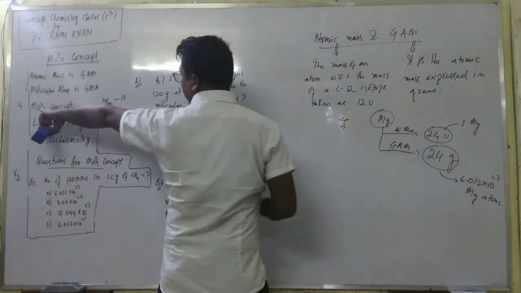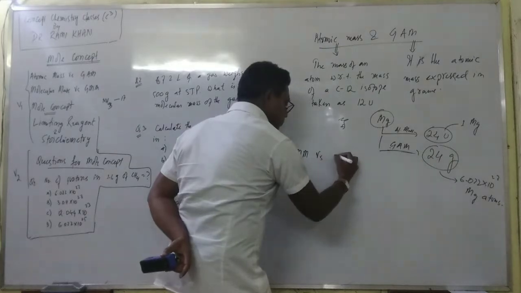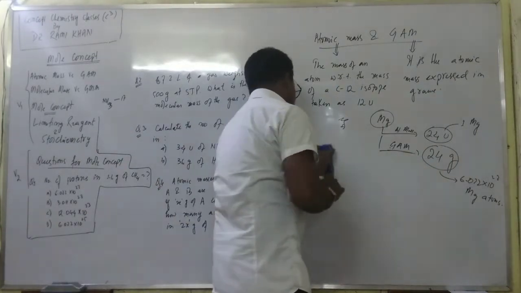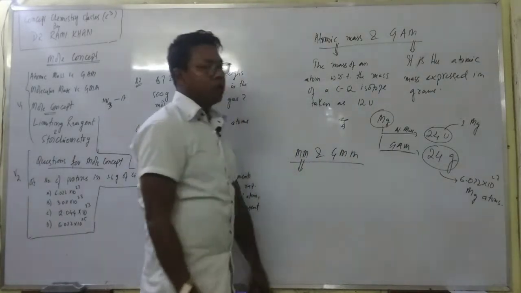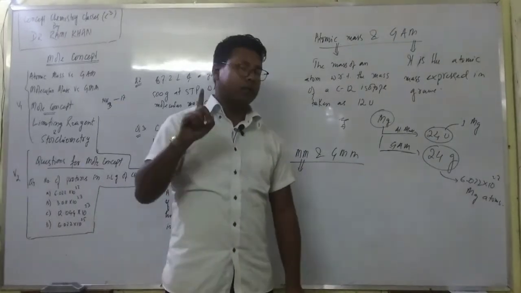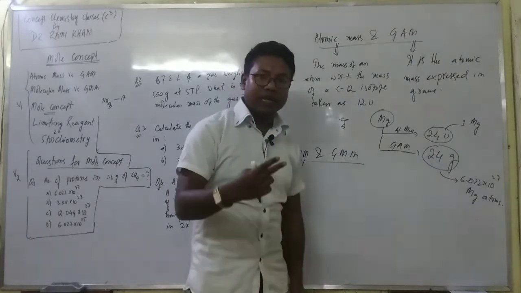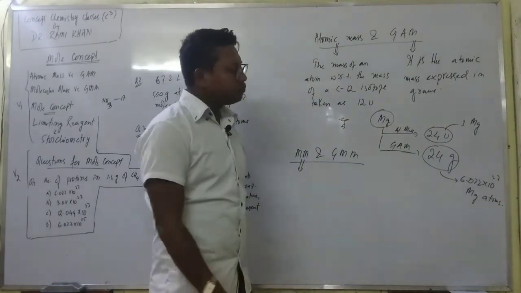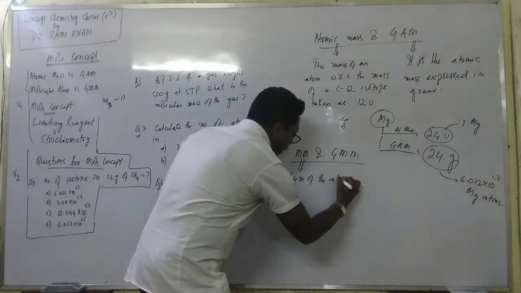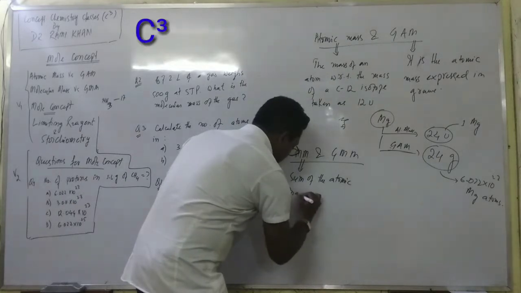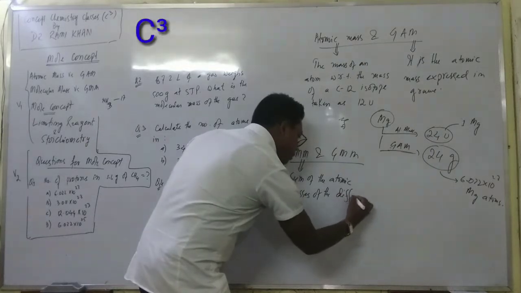Similarly, we have another term, that is molecular mass. This is molecular mass versus, I'm writing molecular mass and gram molecular mass. This is the mass of molecule with respect to the mass of one carbon 12 isotope, and it is equal to the sum of the atomic masses of the different elements present in the molecule.